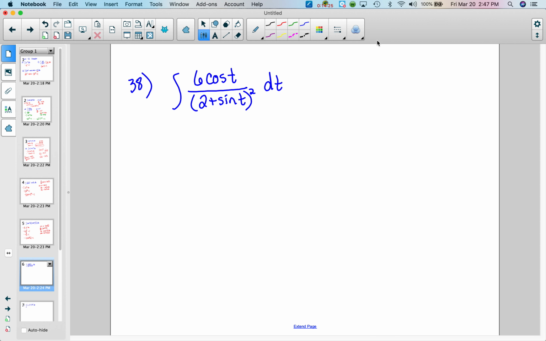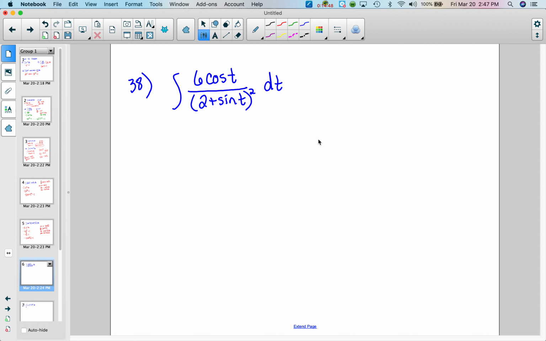Okay, next problem. Now, here's the other little trick too, because here we have the situation where you know the derivative of cosine is negative sine and the derivative of sine is cosine, so which one do you choose to be u? Well, you want a couple things to look for. We don't want du to be in the denominator, so that's one hint.